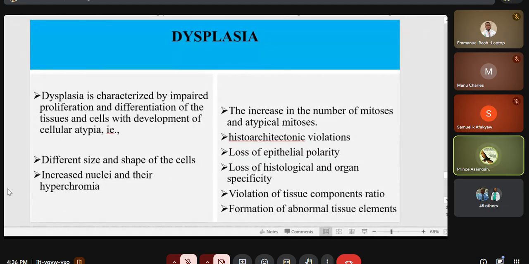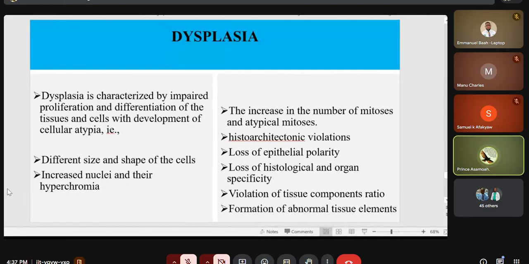So for dysplasia, you have impaired cell division and differentiation. When there is a development of cellular atypia, you are going to see different sizes and shapes of cells.